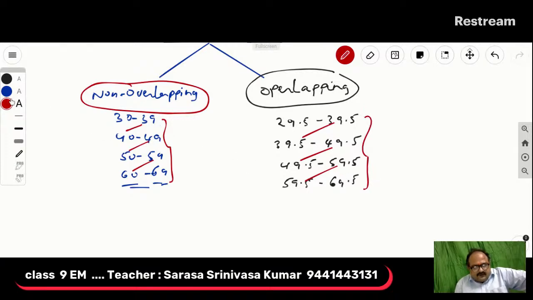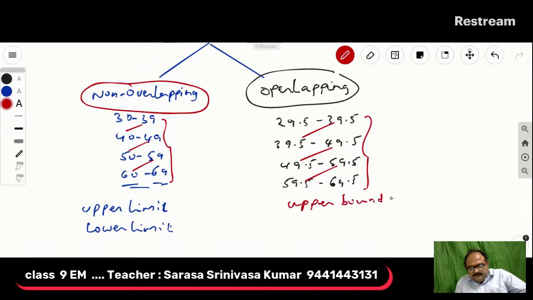And these are called limits. So here we get upper limit and lower limit. So upper limits are 39, 49. All these are upper limits and lower limits. Here for overlapping class intervals, we say upper boundary and lower boundary.